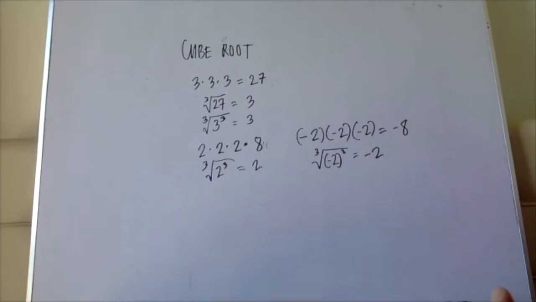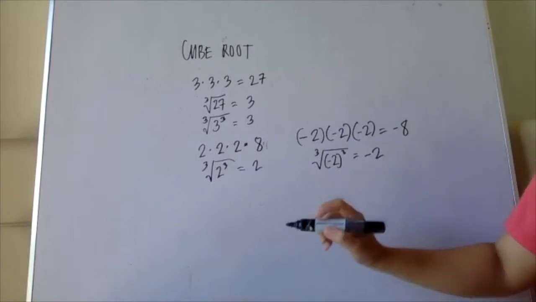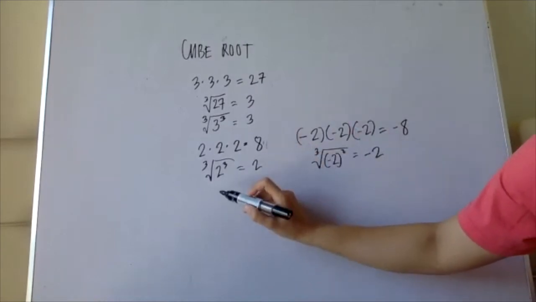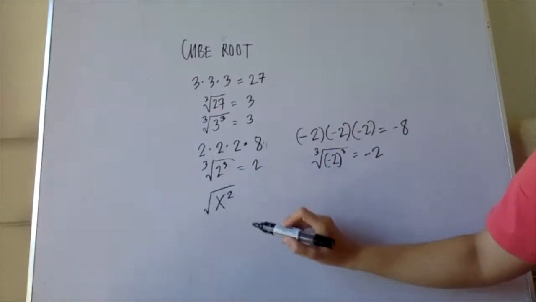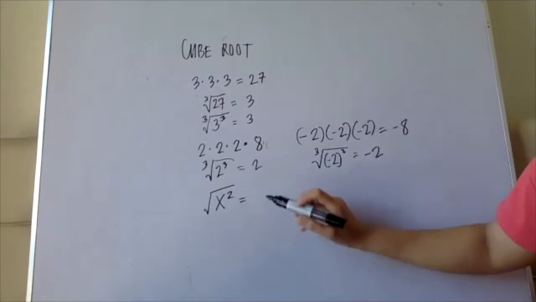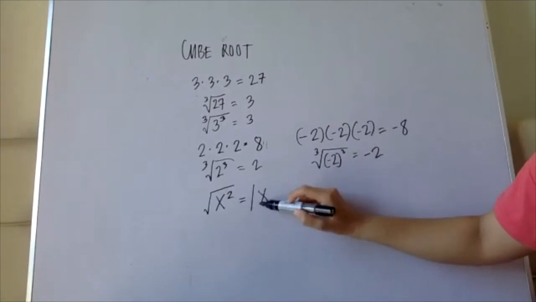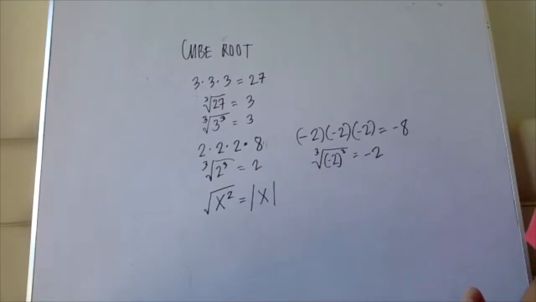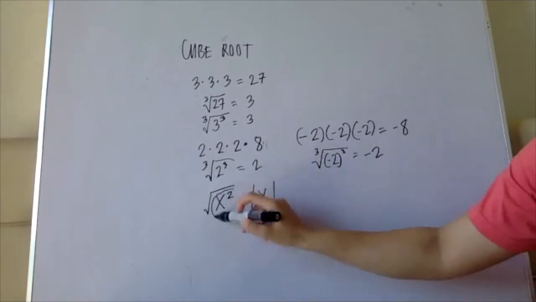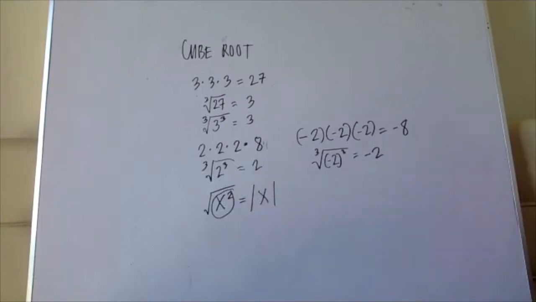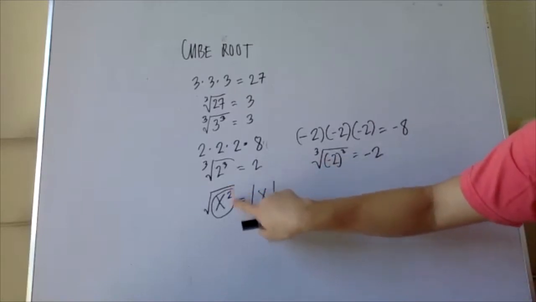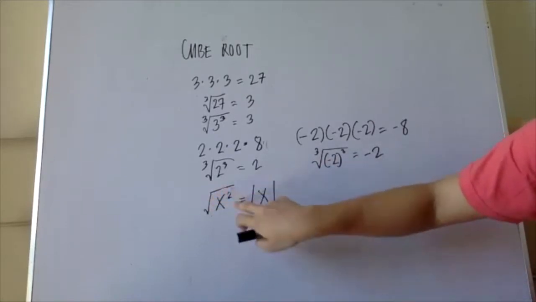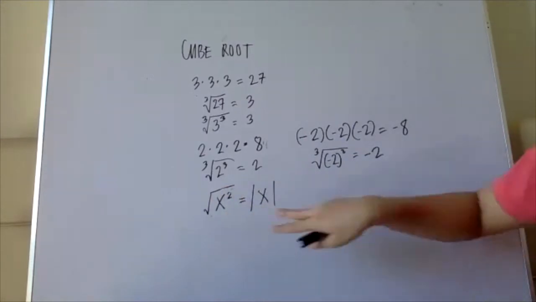So remember na sa square root natin, kapag kunwari meron tayong square root of x squared, ang sagot dito would be absolute value of x, right? Kasi, yung nasa loob should always be positive.